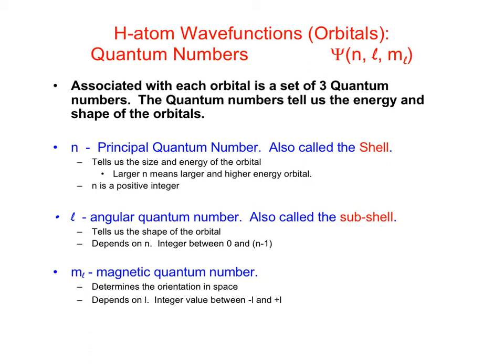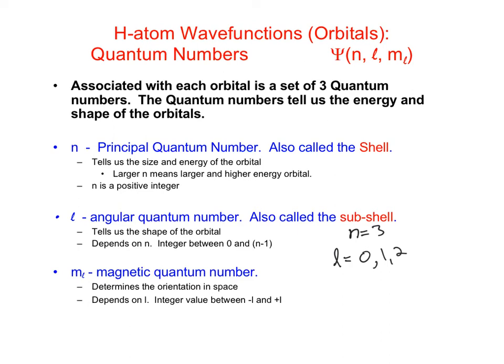Now, the values of l depend on the value of n. So if you tell me what the value of n is for an electron, then there are only certain possible values of l. And l could be anything between 0 and n minus 1. Right? So as an example, if I told you that n is equal to 3, then the possible values of l are 0, 1, or 2.